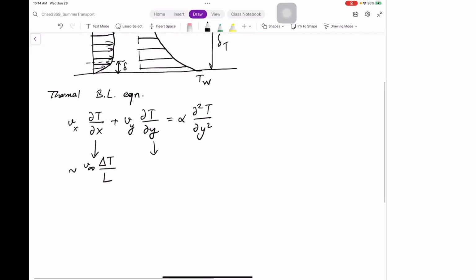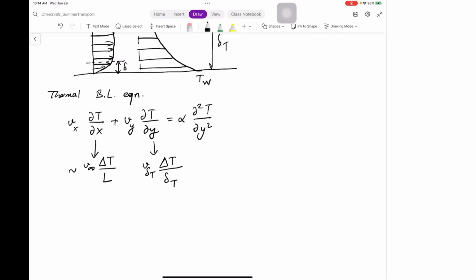The second term, on the other hand, is going to be in the order of V delta T over delta T.